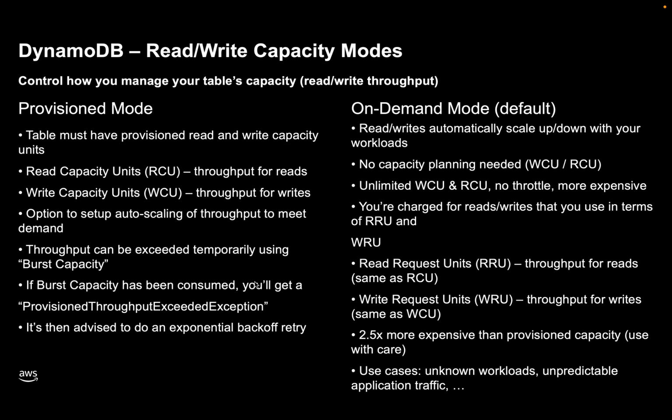But keep in mind, this on-demand mode for DynamoDB is super expensive, about 2.5 times more expensive than the provisioned mode. It is used mostly for unknown workloads and unpredictable application traffic. Now let's get back to the other one.